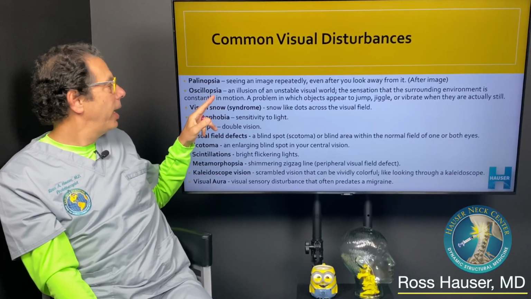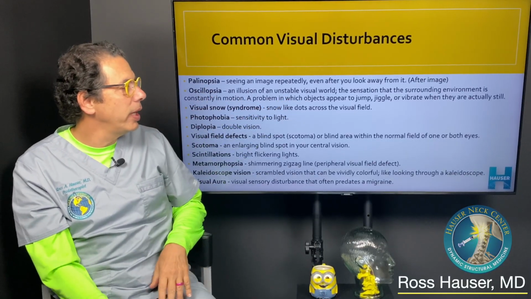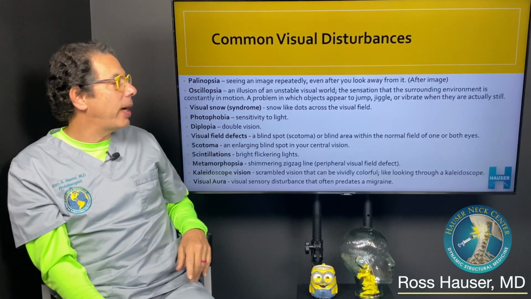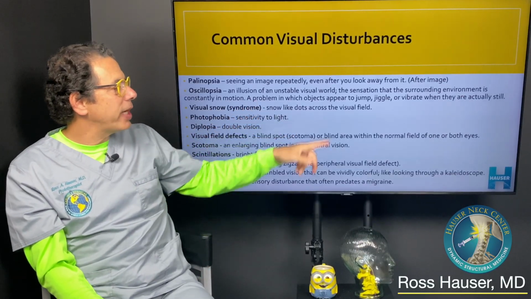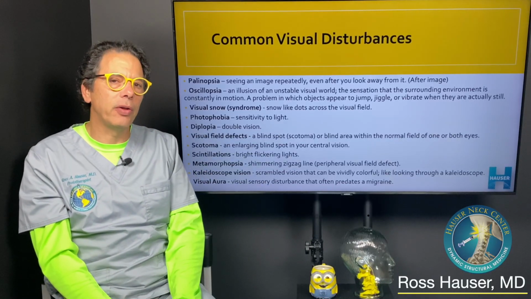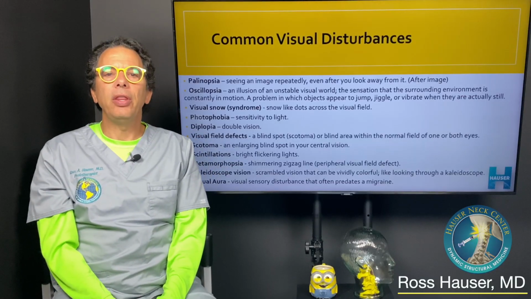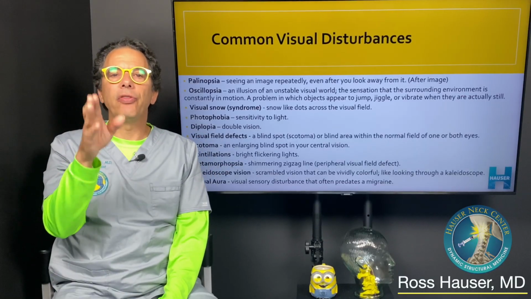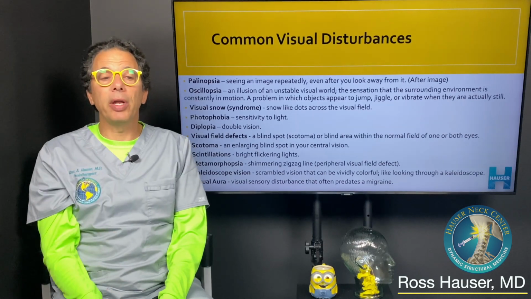Palinopsia, we talked about. Oscillopsia, where there's an illusion of an unstable visual world. The sensation that the surrounding environment is constantly in motion. A problem in which objects appear to jump, jiggle, or vibrate when they are actually still. So in other words, if the image that a person has is unstable, now you might say, well, how could it be unstable?